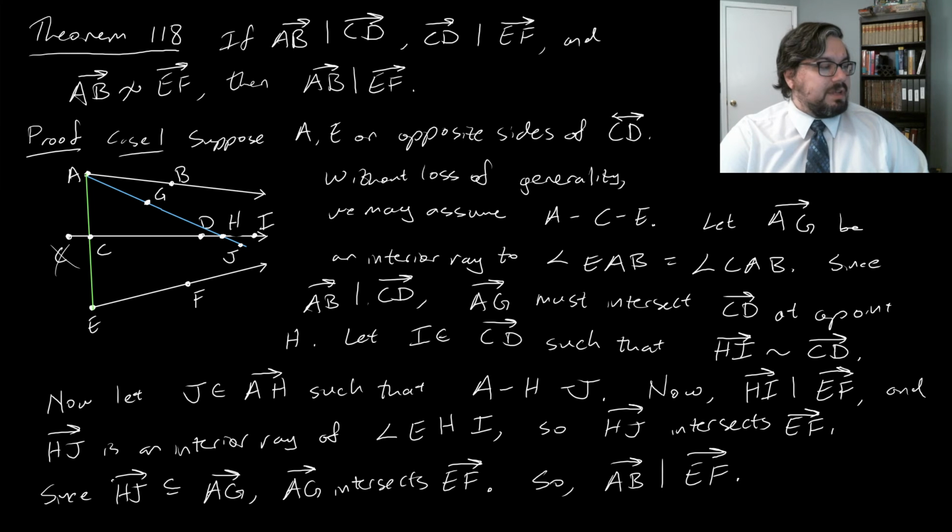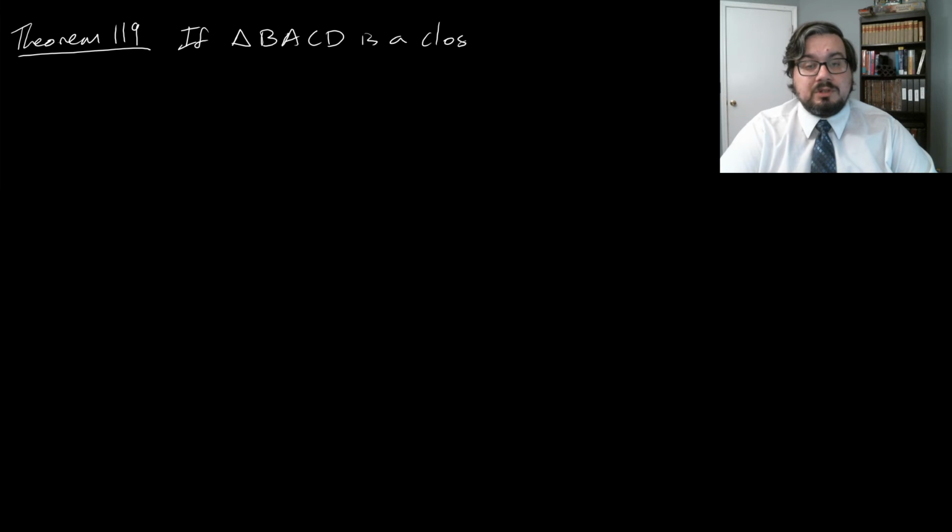All right. We also have a version of the exterior angle theorem for closed triangles. Theorem 119 has that if triangle BACD is a closed triangle, we cannot expect this to apply to any open triangle, but only closed triangles.